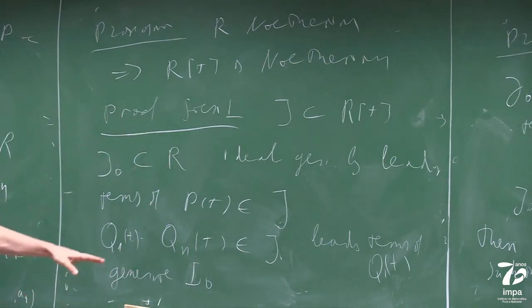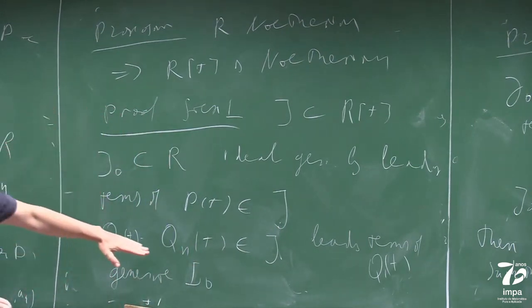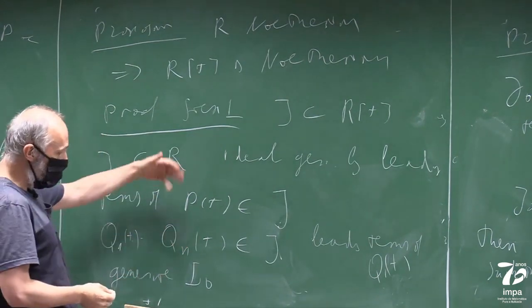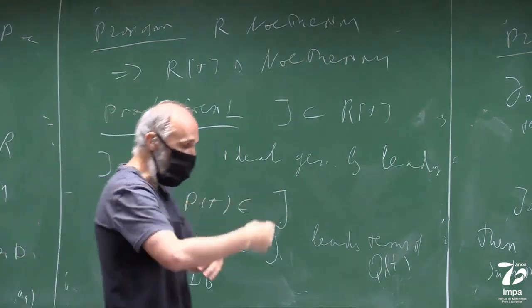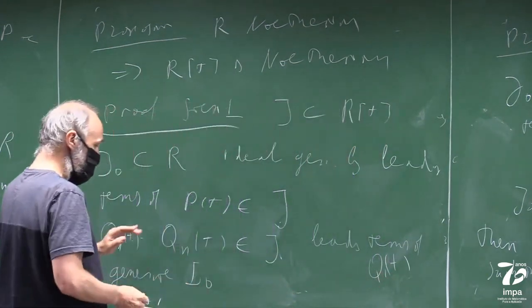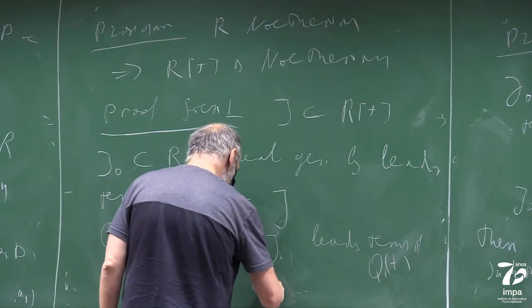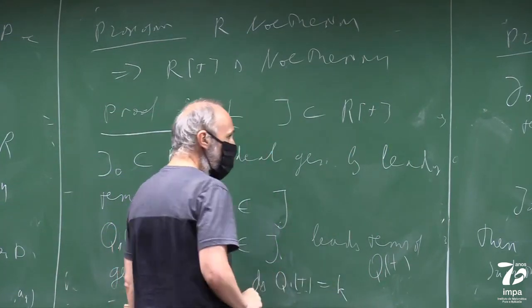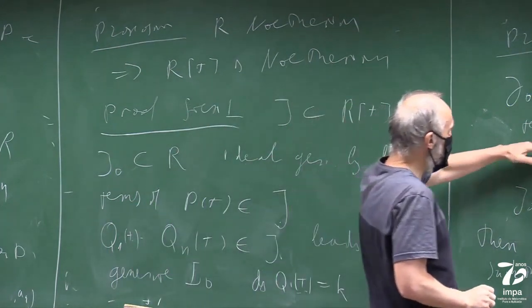And then we can always take the polynomial of the biggest degree of them all, and multiply the rest by an appropriate power of t, so that they have the same degree. This can always be assumed. So the degree of Q_i(t) is equal to k. This is what we need to apply proposition 1.